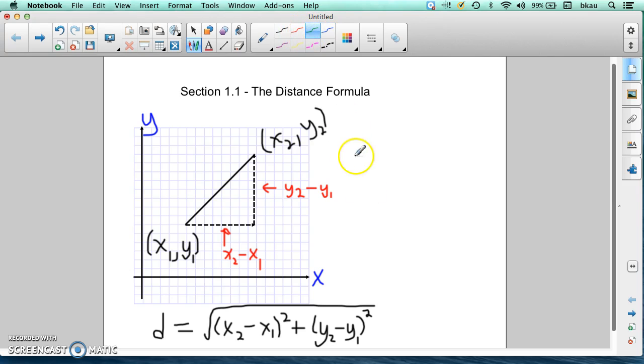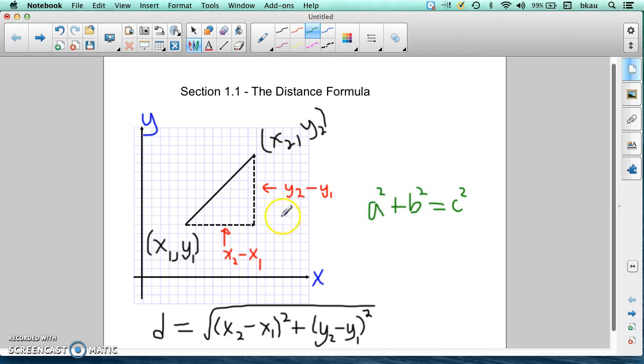It is related to this in that the distance d here is actually c in the formula. So in order to solve this for c, we would take the square root of it.